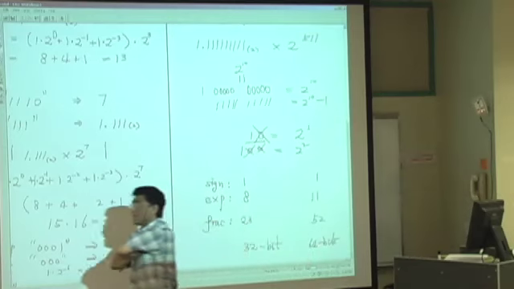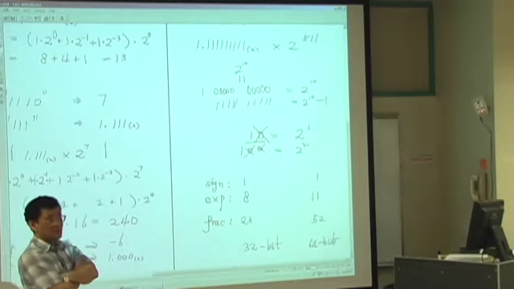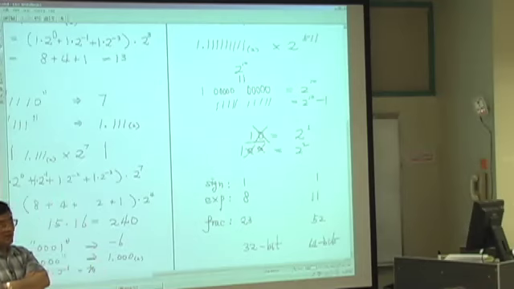So I completely covered everything up to this point when it is normalized. And once you completely understand everything up to this point, I will begin to mention the denormalized case and the not a number or infinity case.